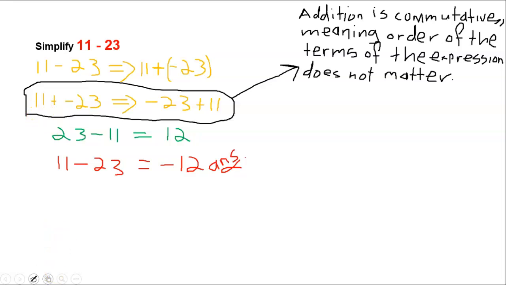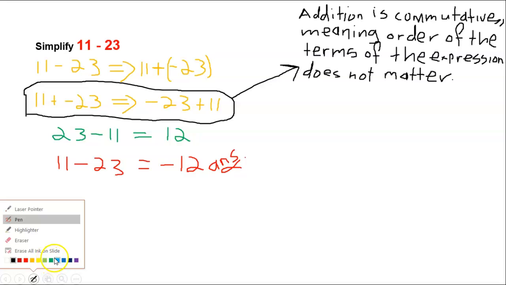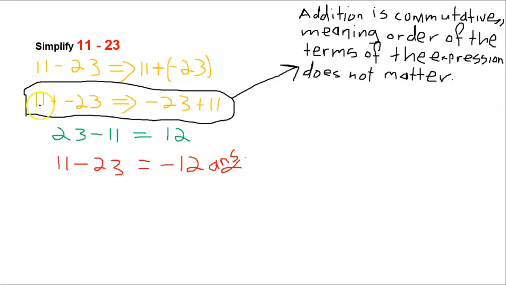So here, 11 is a term in the expression, one of the terms of the expression, and negative 23 is another term.